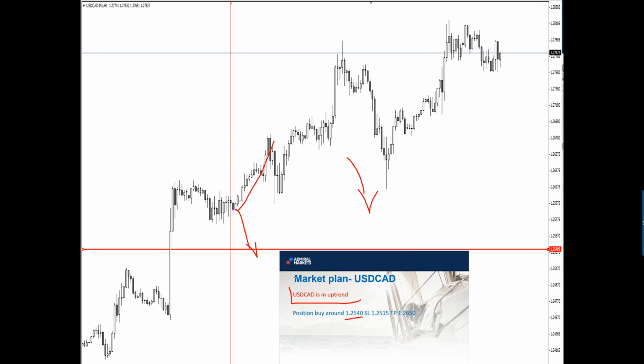A loss of momentum is a retracement. Once the price loses its momentum, then we consider that to be a retracement. In this example, we can see a retracement, but it was not big enough for our pullback entry, okay? It wasn't enough for our pullback entry.